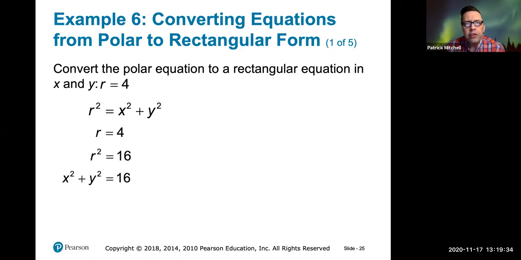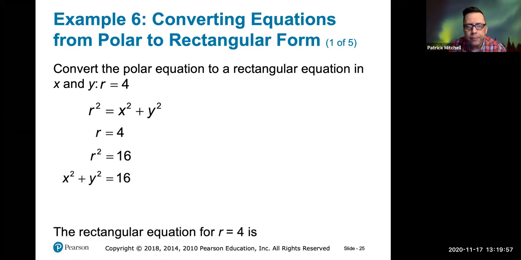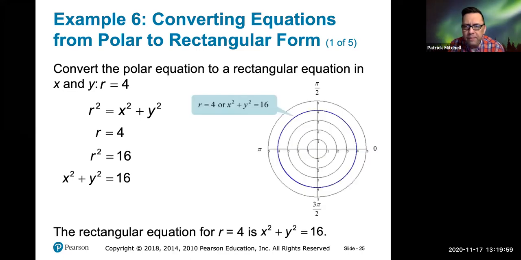So the polar equation r equals 4 in rectangular coordinates is x squared plus y squared equals 16, which is the equation of a circle centered at the origin, which makes a lot of sense when you think about the fact that r equals 4 is just going to describe all the points that are 4 units away from the origin. That would give you a circle. And there's that circle.